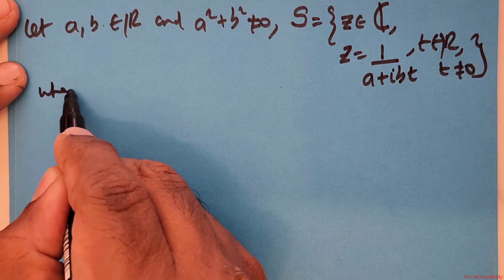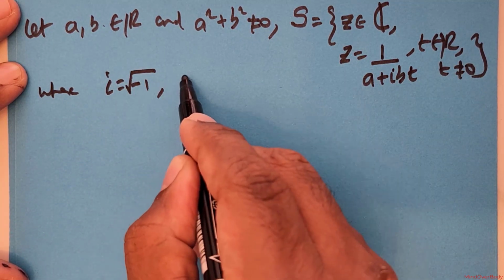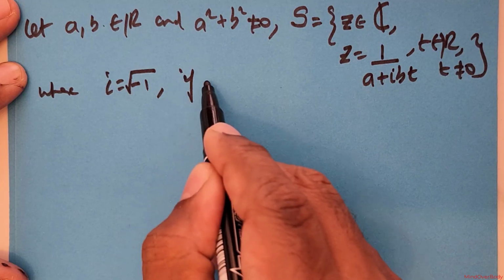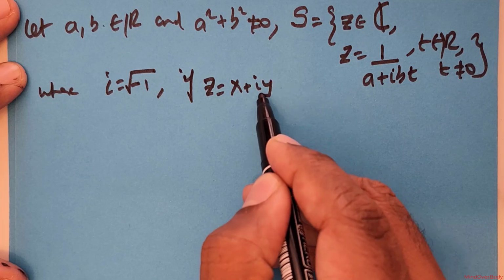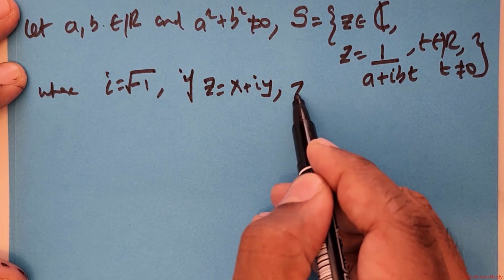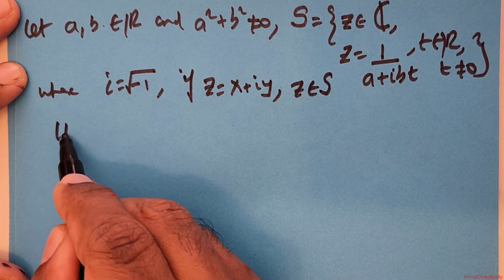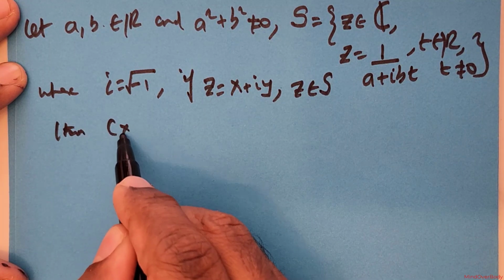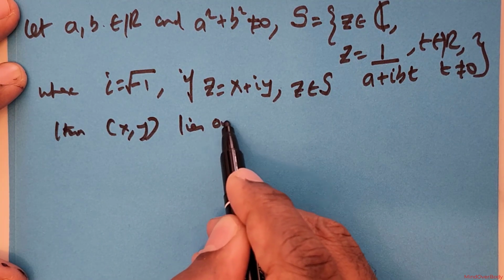Now you are also given i to be the root of -1, and if the complex number is of the form z equals x plus iy and z is contained in S, then they are asking us to find where x and y lie.